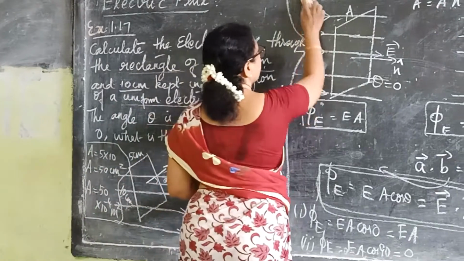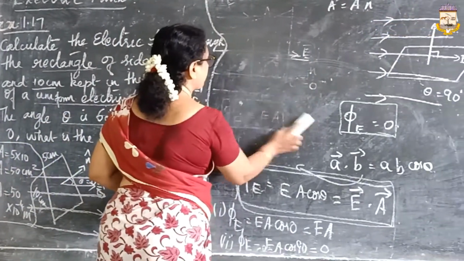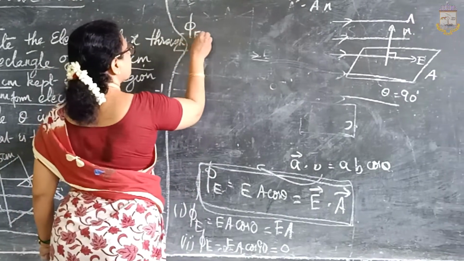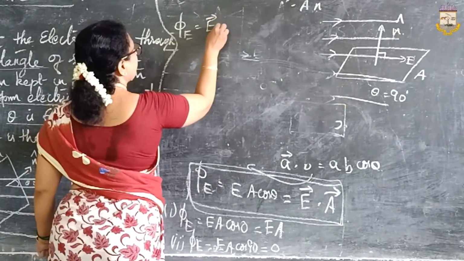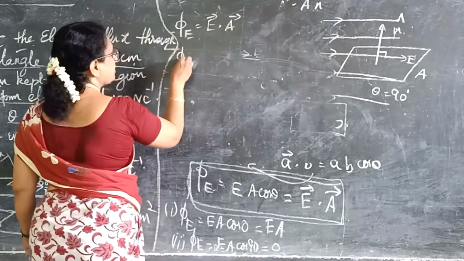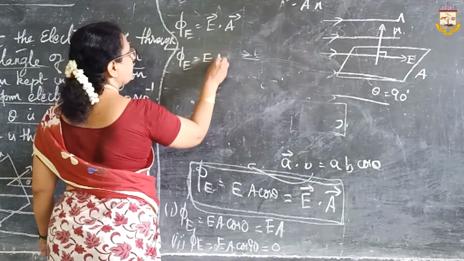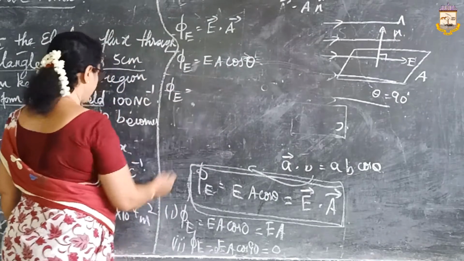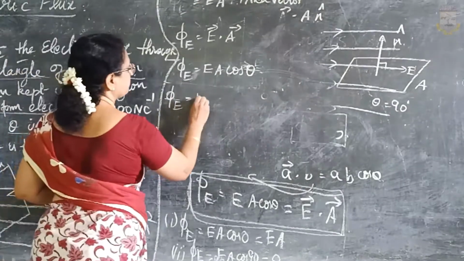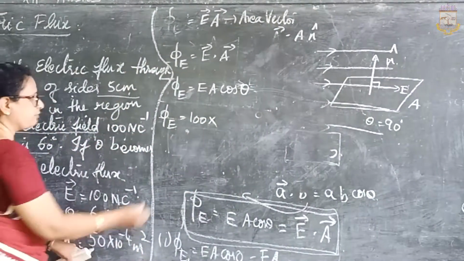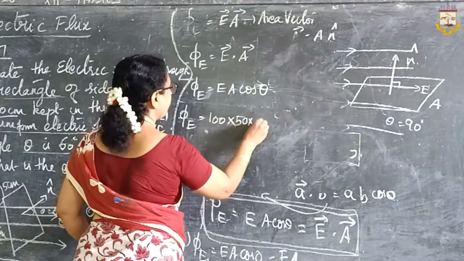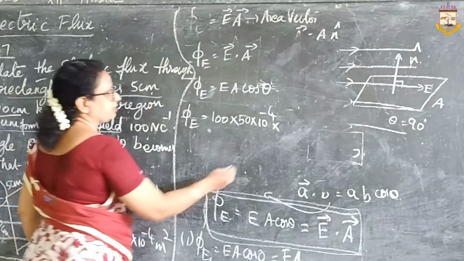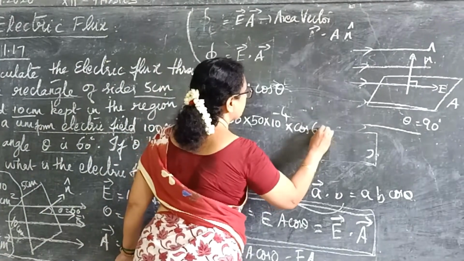What is the formula we saw? Phi E is equal to E vector dot A vector, that is phi E is equal to EA cos theta. Now substitute for E as 100, into area 50 into 10 power minus 4, into the angle 60 degree, that is cos 60 degree.